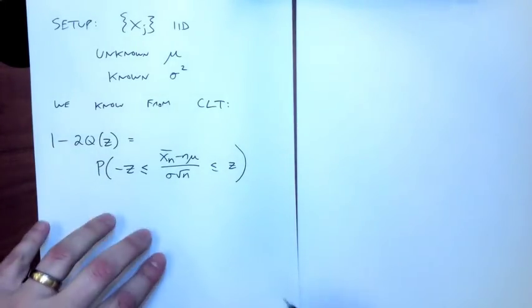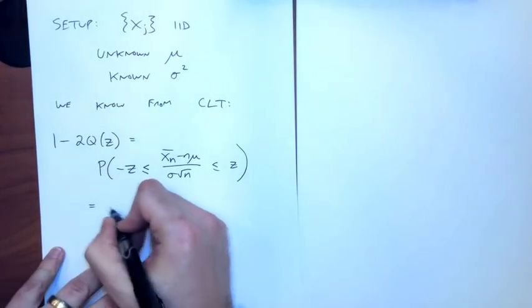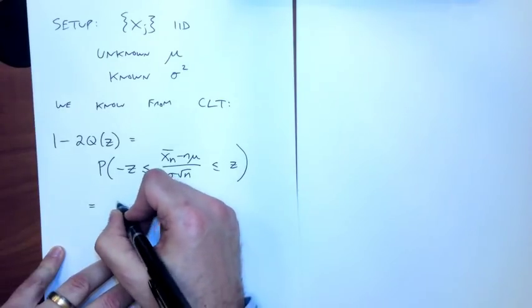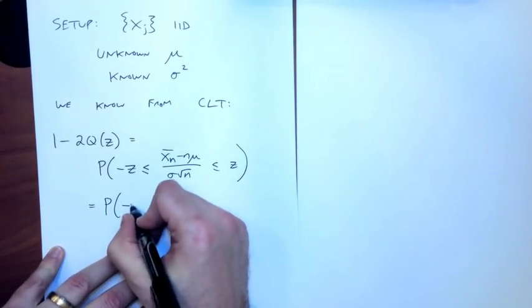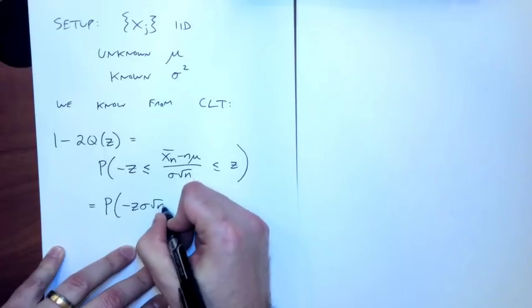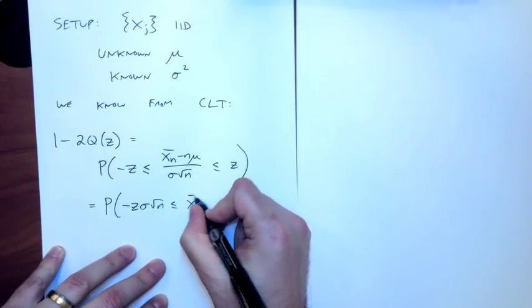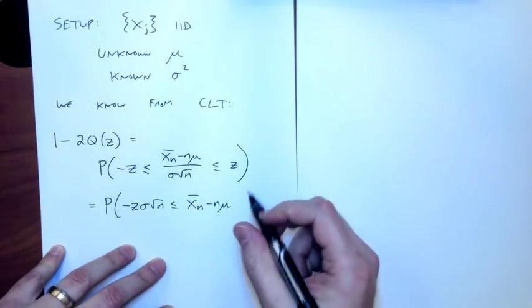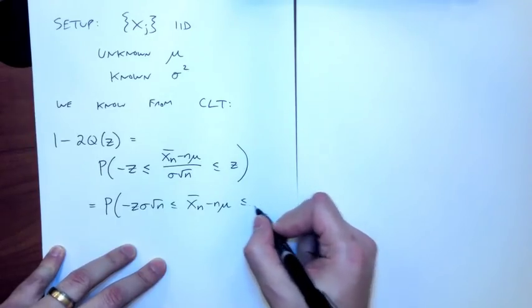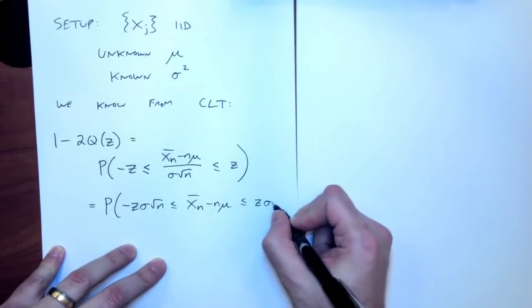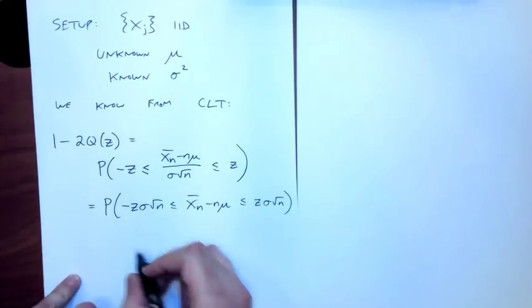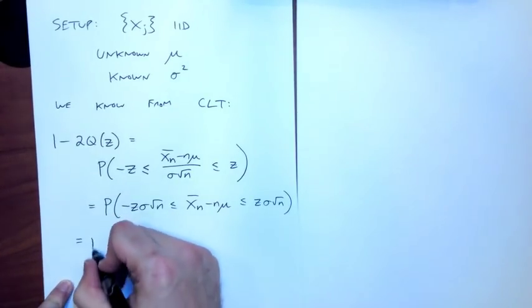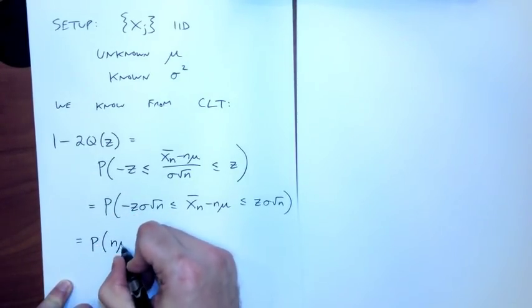So let's write this out a little bit more. I'm just going to move things around. Minus z sigma squared of n, xn minus n mu. Then I'm going to add the n mu on both sides.